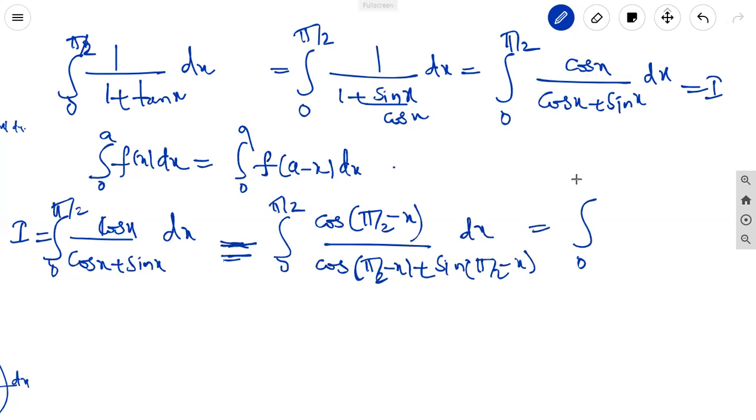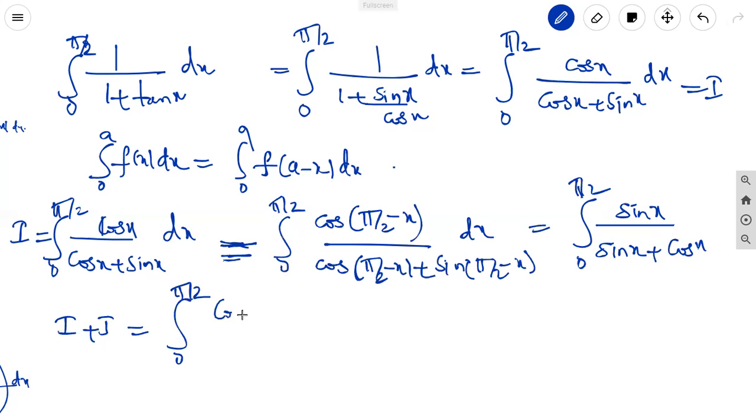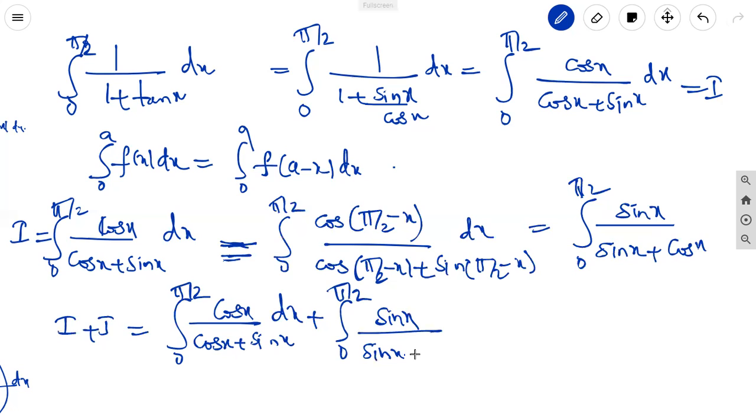That is equal to integral 0 to pi by 2, cos will change into sin, it's the first quadrant only, sin x by sin x plus cos x. Then this is I. Add 1 and 2, I plus I is equal to integral 0 to pi by 2 cos x by cos x plus sin x dx plus integral 0 to pi by 2 sin x by sin x plus cos x dx.